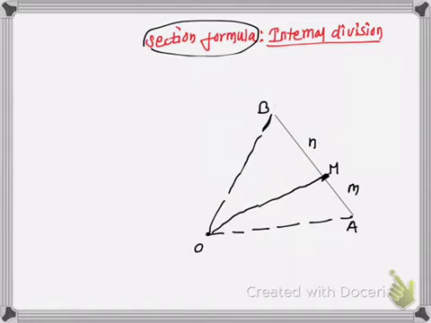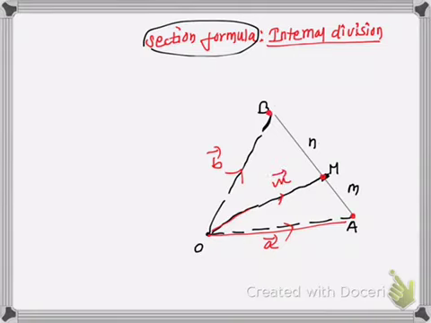I have drawn a position vector for point A, point B, as well as for point M. A position vector is a vector that is drawn from point O or origin to that point, so it represents the position vector of that point. Here I'll suppose OA as vector a, OB as vector b, and OM as vector m. So this is what I've supposed.